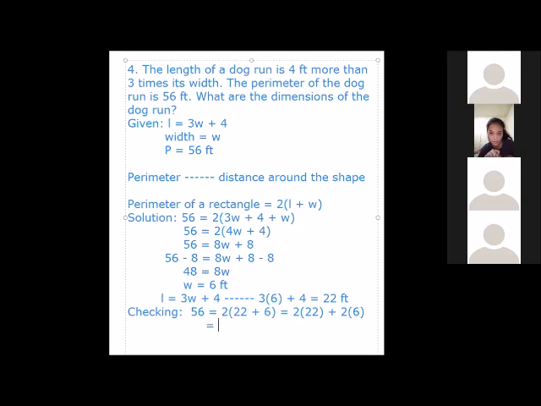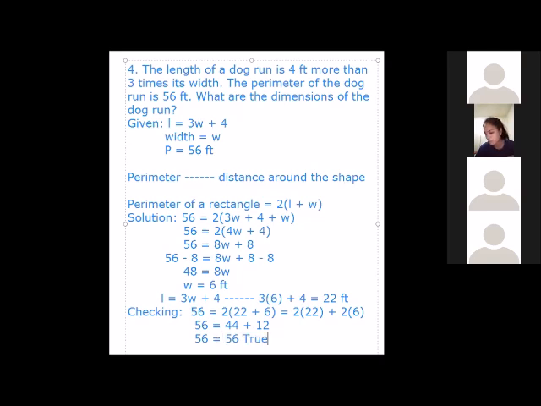So therefore, 56 is equal to 56, which is true. Let me write it here. 44 plus 12 is equal to 56, which is true.